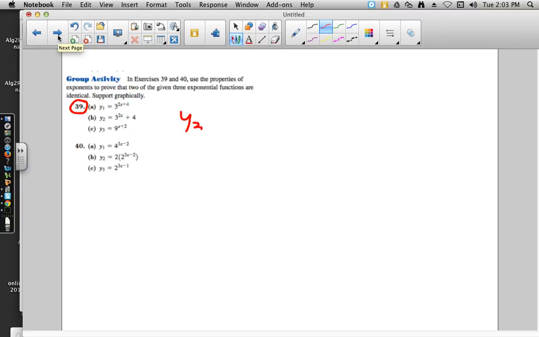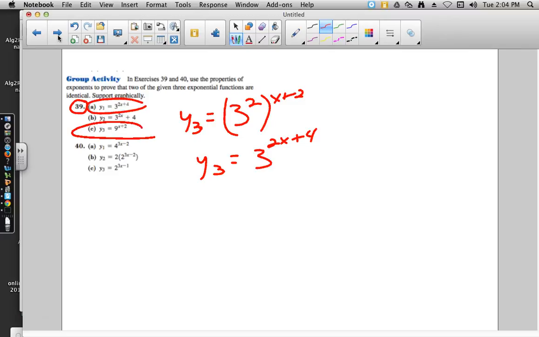So y sub 3, we can write 9 as 3 squared to the x plus 2 power. And then we need to remember that when you raise a power to a power, you multiply. So it will be 3 to the 2x plus 4. And now we see exactly what they were trying to hide from us. It is A and C that are exactly the same.